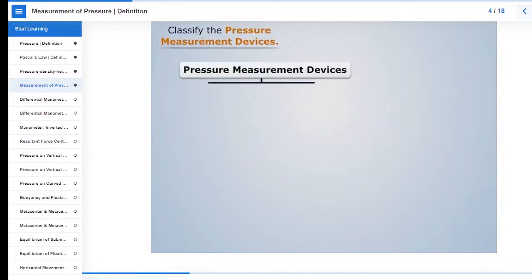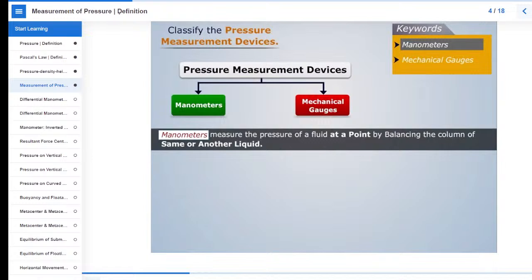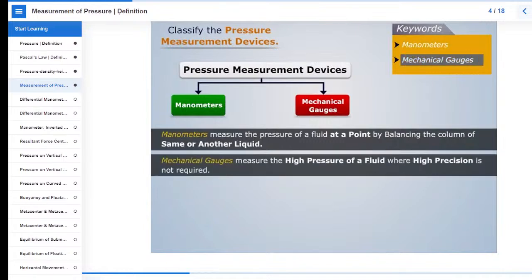Pressure measurement devices are mainly categorized as manometers and mechanical gauges. Manometers measure the pressure of a fluid at a point by balancing the column of same or another liquid. Mechanical gauges measure the high pressure of a fluid where high precision is not required.